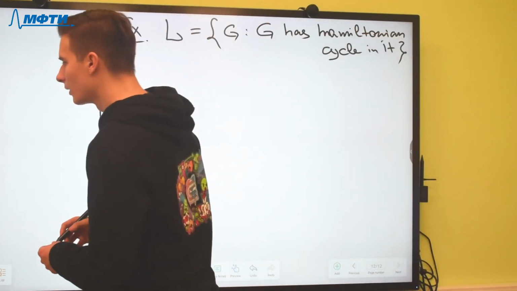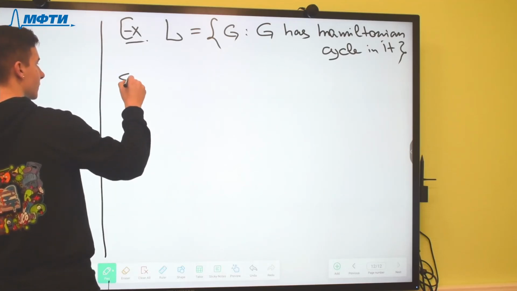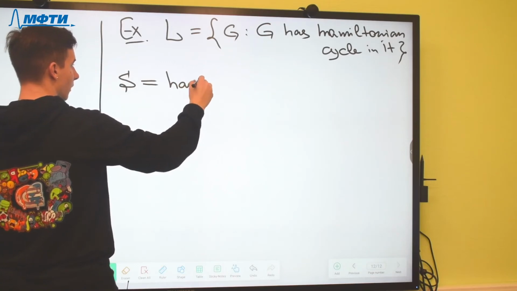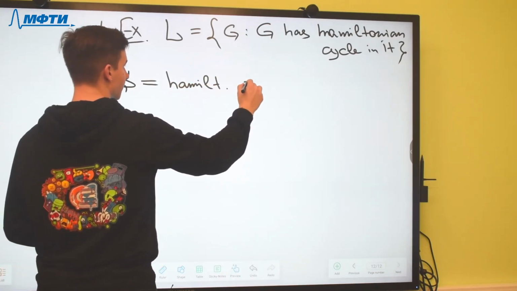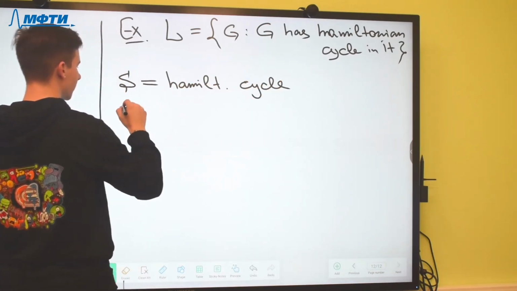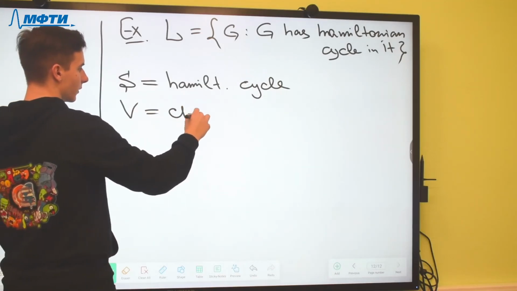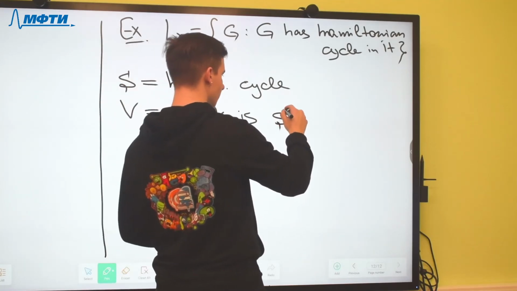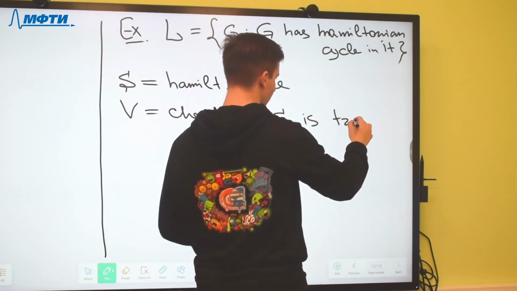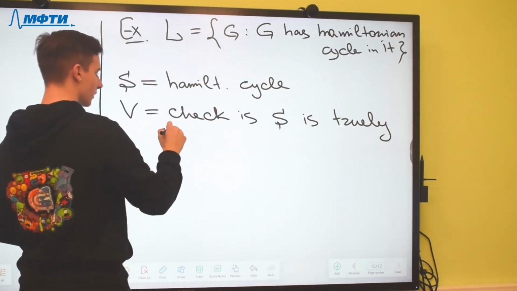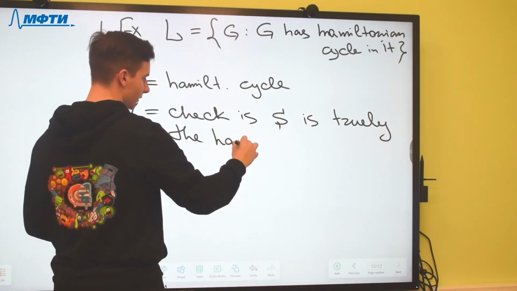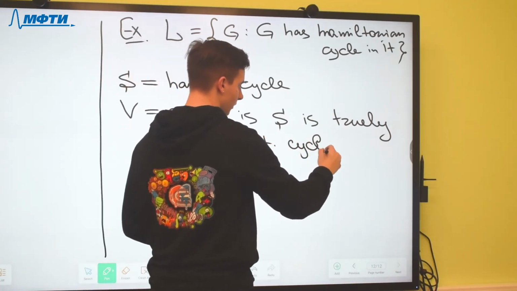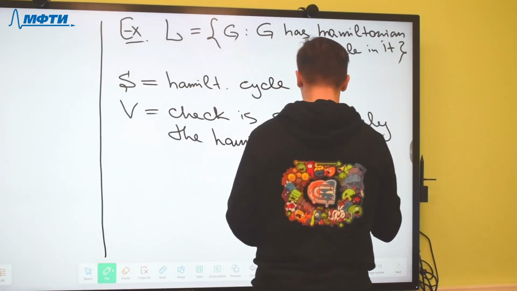And for example, S here will be the cycle, and the verifier will check whether S is truly a Hamiltonian cycle in the graph. Yeah.